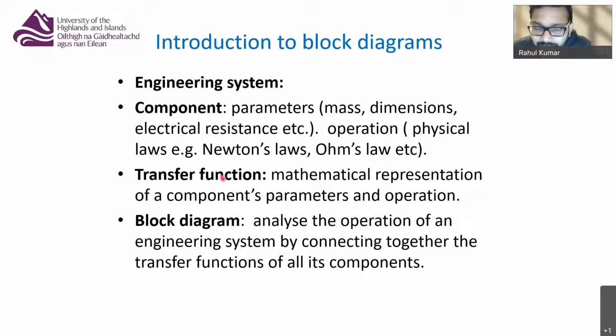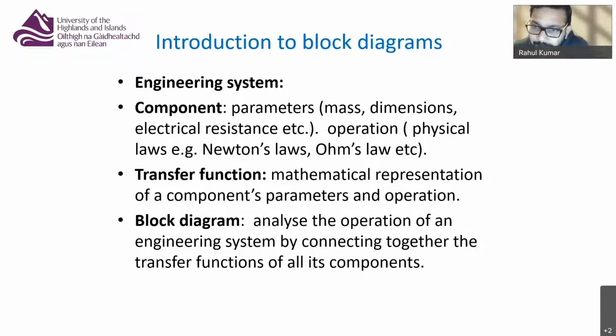And then we replace our components by a block with its transfer function. So as I mentioned, a block diagram shows the flow of signal from one part to another part of your system.